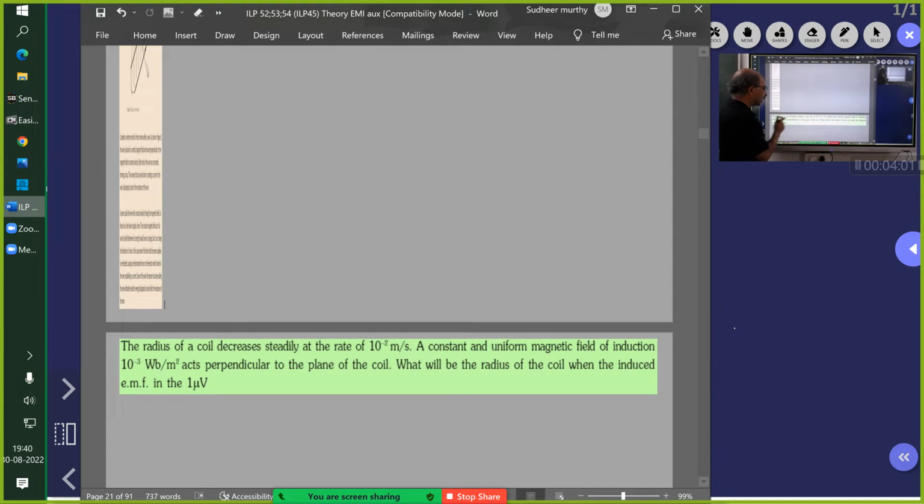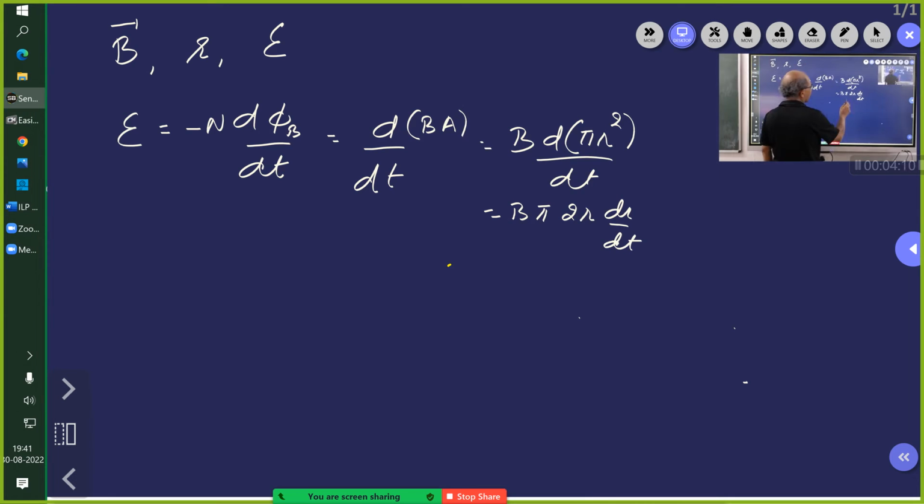The radius of the coil is decreasing at this rate, so they have given dr by dt, and they are giving you B. They are asking you R. So the quantity that you have to find out is R. They have given this data, and this data, and also this data. So you know this data. That is the strategy to solve the problem, isn't it? It was not difficult. It was not at all difficult.